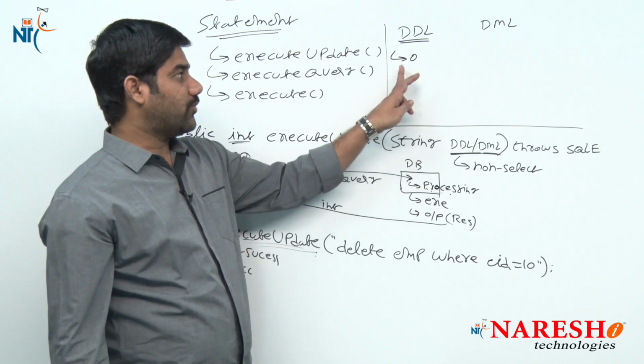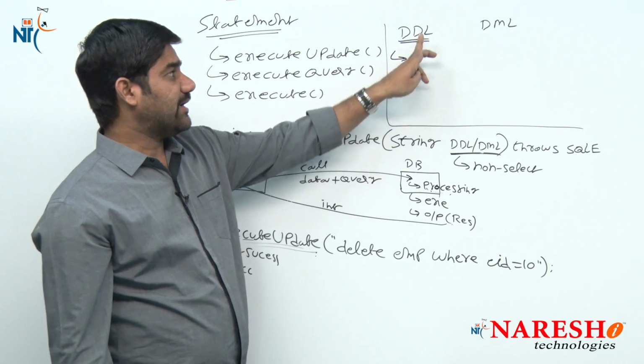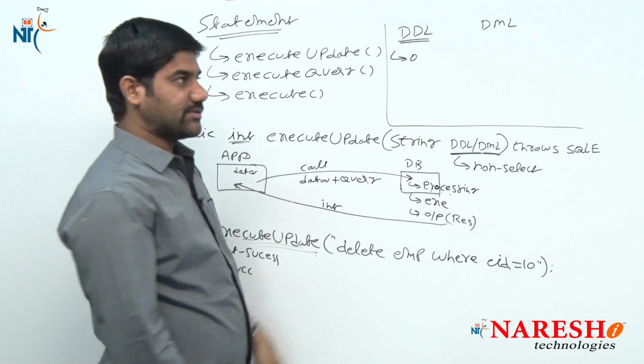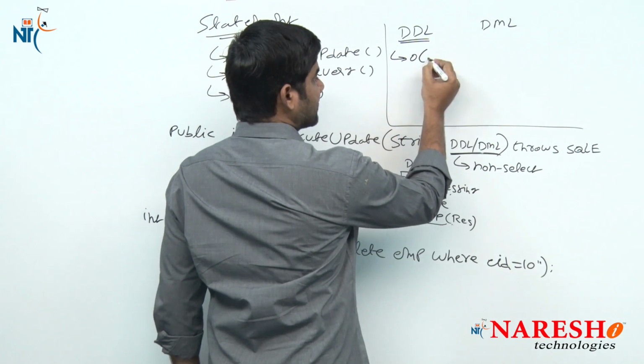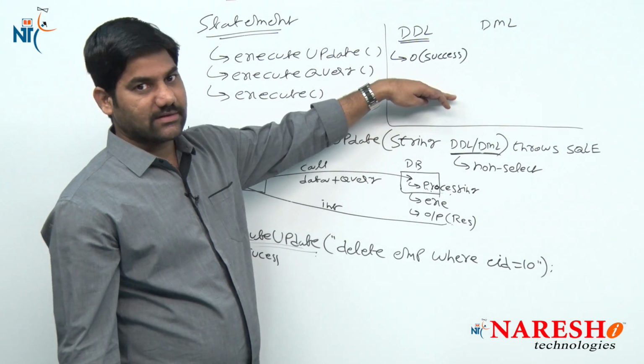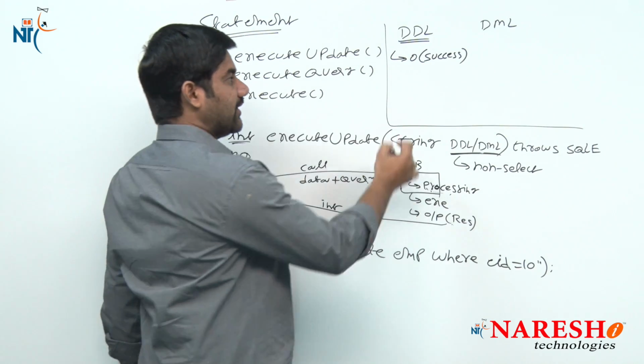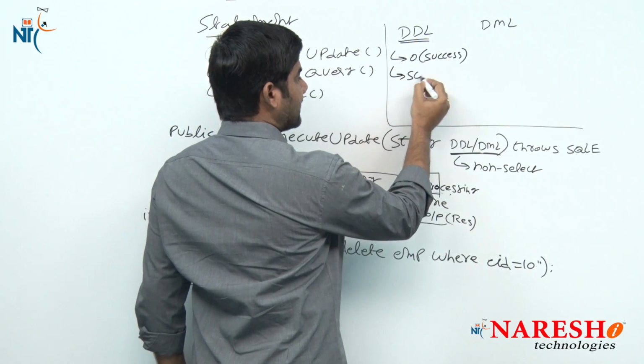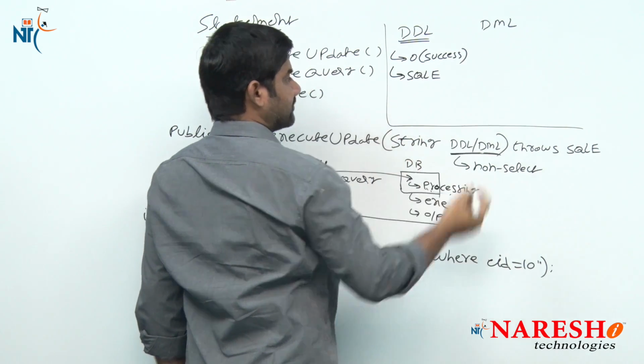We do not get any positive value. DDL commands return 0 if the query is processed successfully. If the query is unsuccessful or fails, you will simply get an SQL exception.